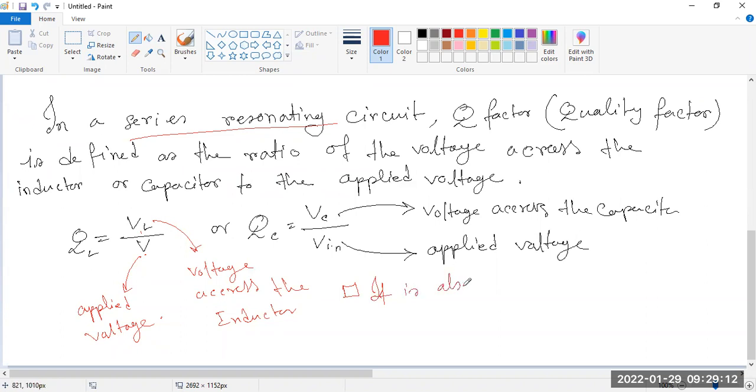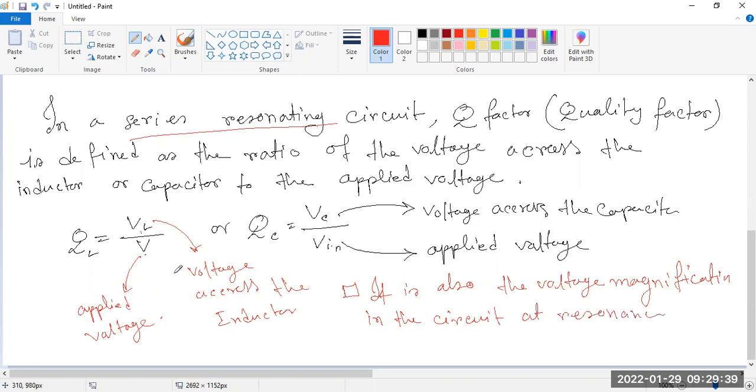It is also the voltage magnification in the circuit at resonance.